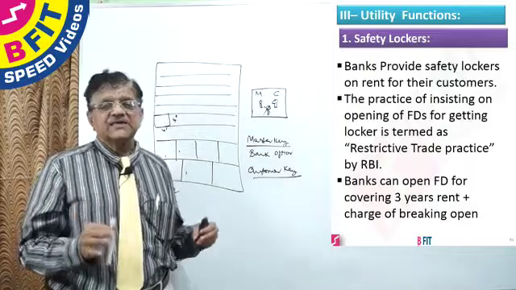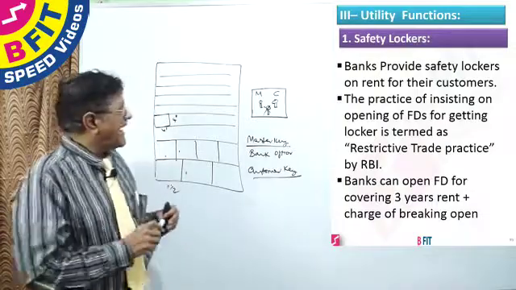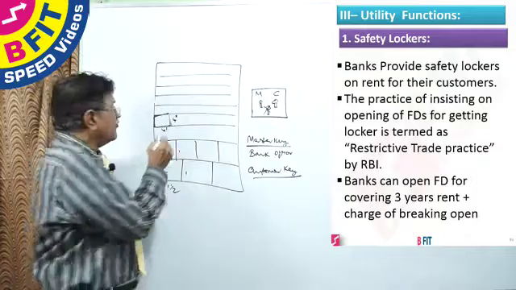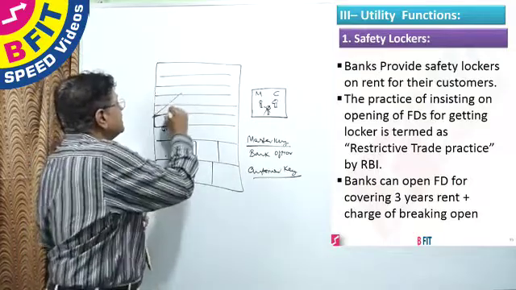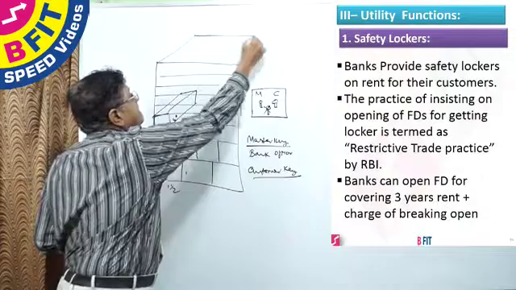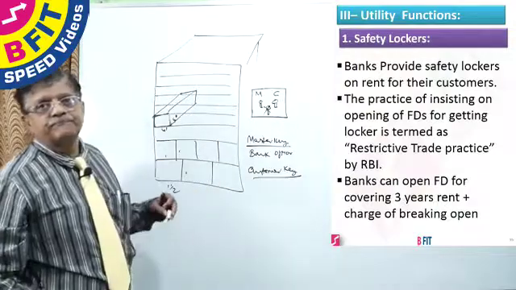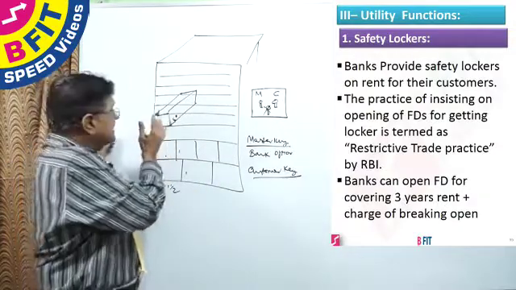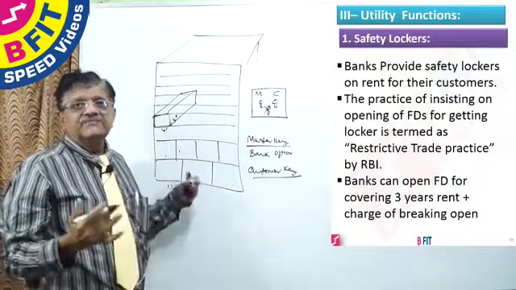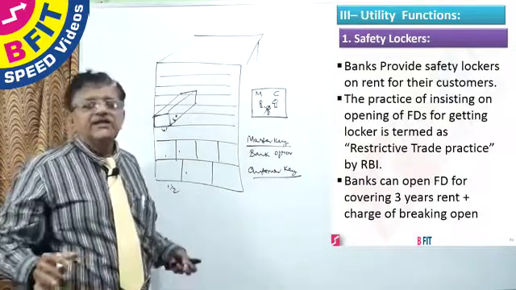As far as the bank is concerned, the bank's position is that it is leasing this space of 4 inches by 4 inches by 1.5 feet, or 2 feet by 2 feet, as the case may be, as a lessor. What you keep inside is your business. Bank is not interested to know it. Bank is not a party to it.